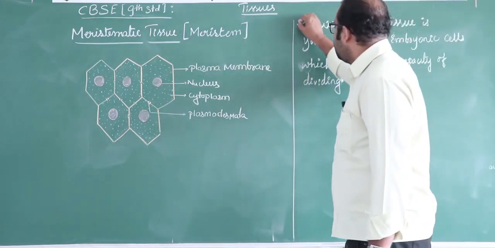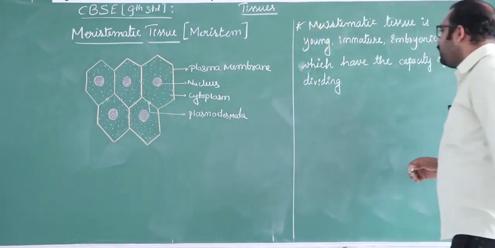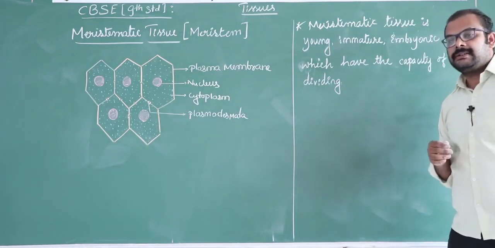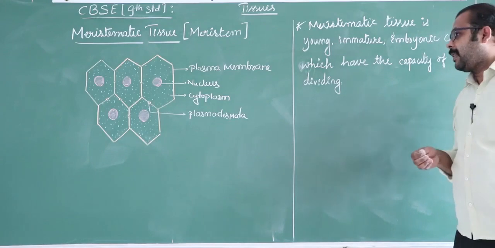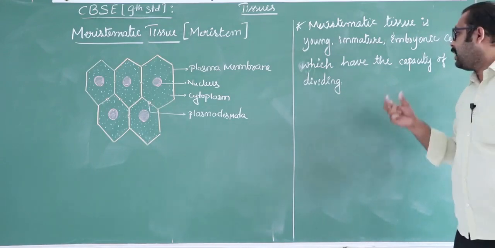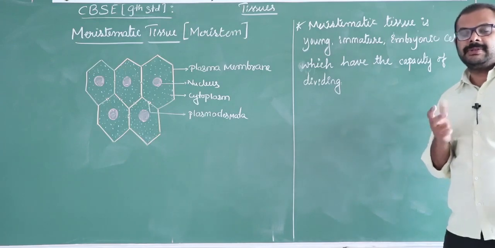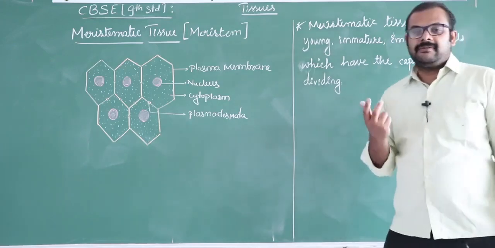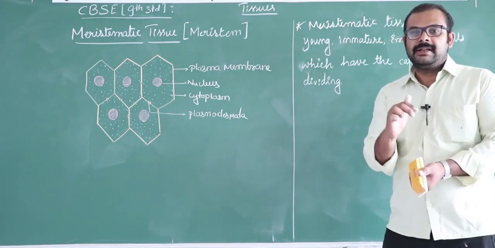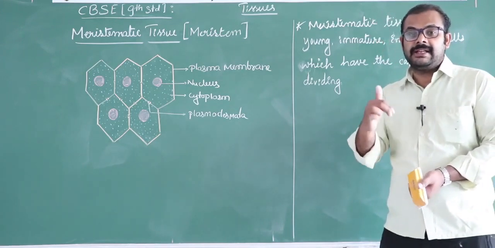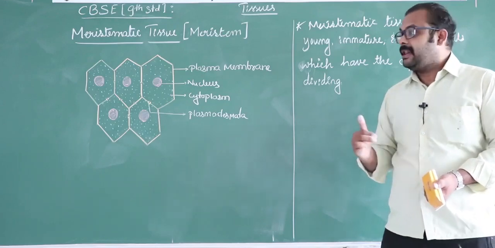So this is about meristematic tissue. They are young, immature, means they are not grown up properly, they are small cells. Embryos means they are immature. In human beings, we see that the growth rate is usually very high in small kids and babies than in adults.